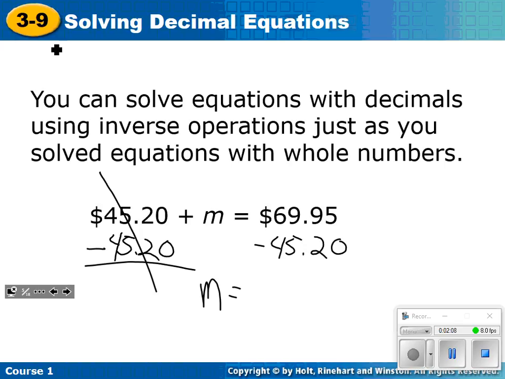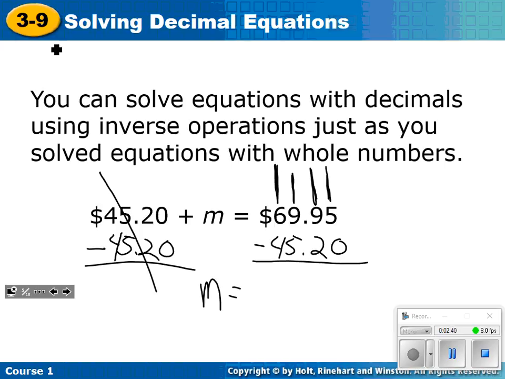One very important thing you need to remember when you're adding and subtracting decimals is to line up that decimal. Make sure that decimal point is in the same spot, so you end up with the ones in the ones place, the tenths in the tenths place, the hundredths in the hundredths place, the tens in the tens place. Okay, so let's do the subtraction.